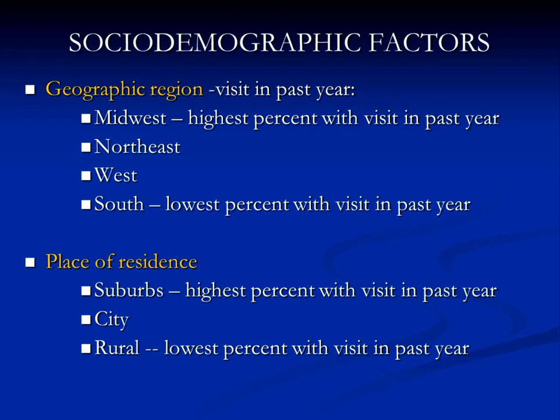If you look at it more on an intimate level, if you're looking at it as a city, we know that people that live in the suburbs actually have the highest percent of utilization rates, followed by people that live in the city, and then people that live in rural areas actually have the lowest percent of utilization.